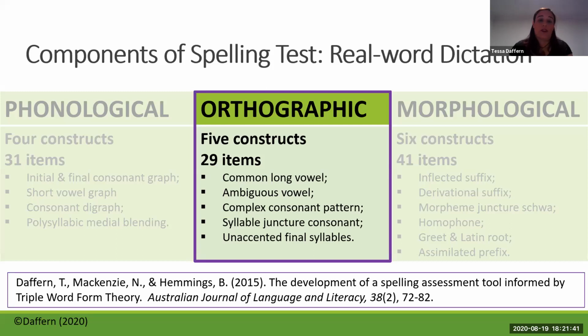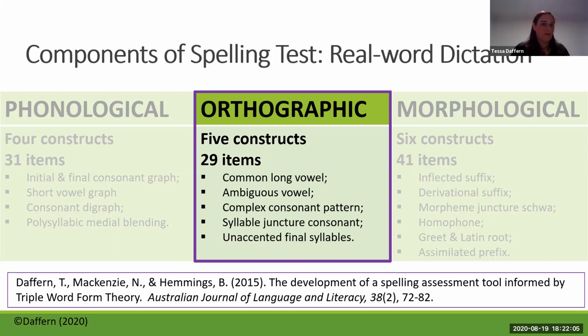Anyway, in the orthographic component of the test, there are 5 constructs and there are 29 individual items. Orthographic awareness requires sensitivity to letter patterns or sequences, and also the orthographic positional constraints within words.